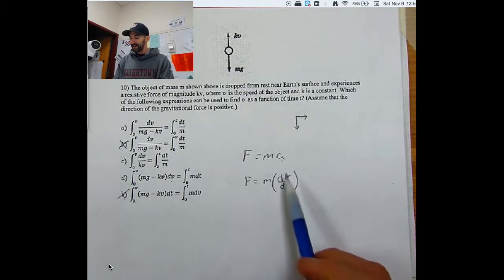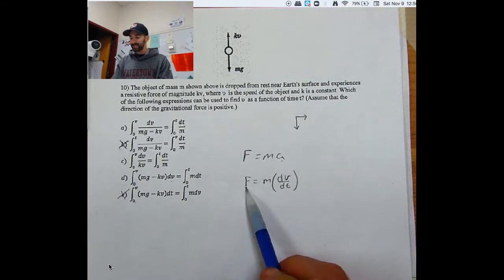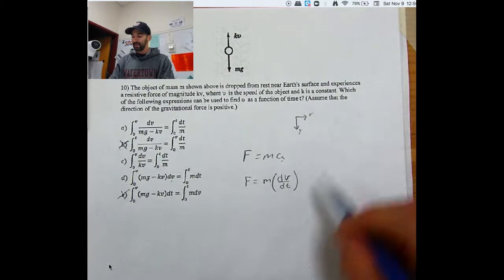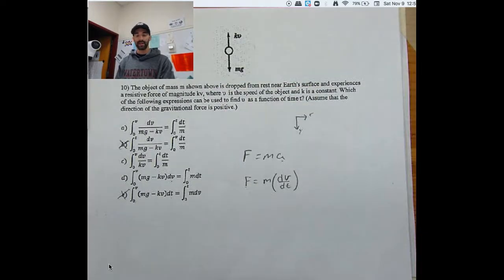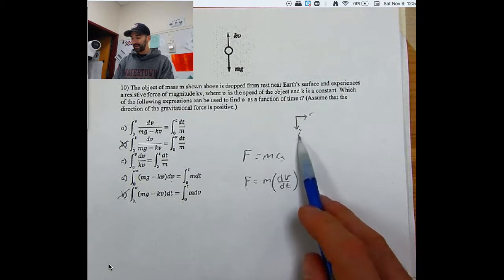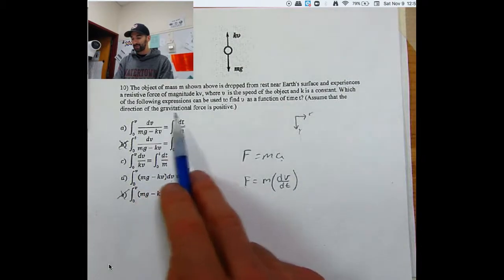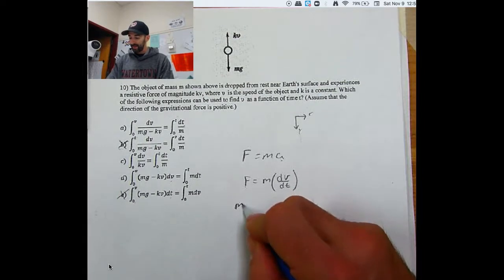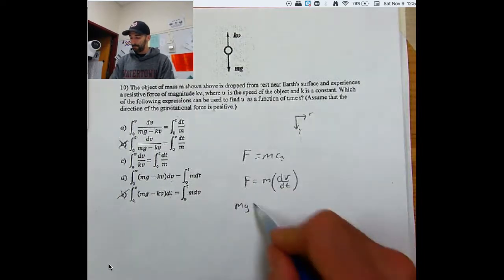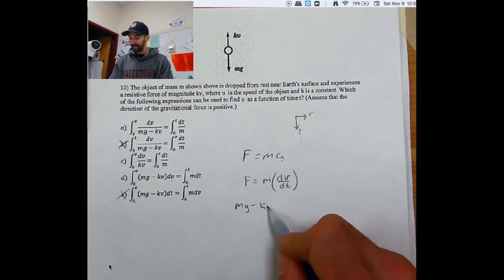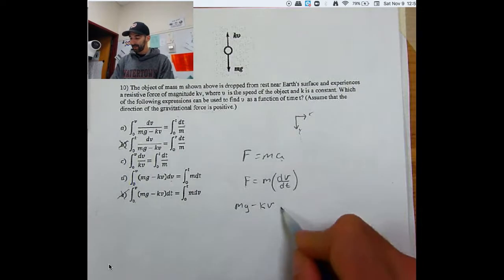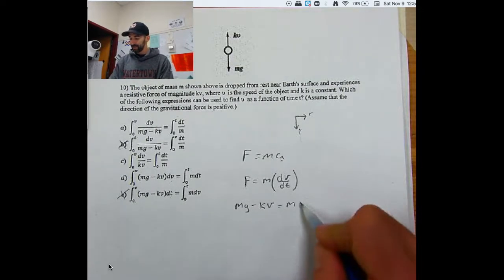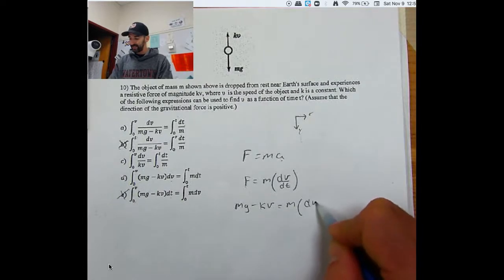Now, the force in this case is represented by my free body diagram. They told me that the down direction, my gravitational force, is positive. So I'm going to replace that with mg, there's my positive, minus kv, equals m times dv/dt.